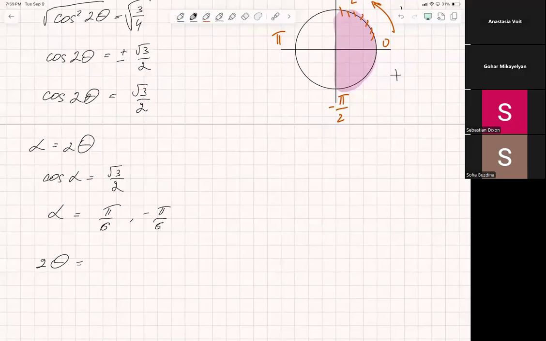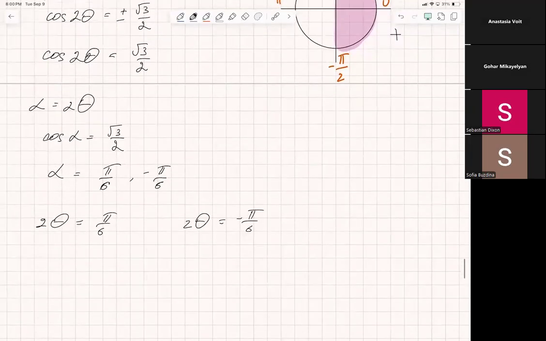So we would have pi over 6 and 2 theta equals negative pi over 6. And we also need to probably add here plus a cycle, right? But let's see what we have. So theta in this case would be pi over 12, right? And it will also be, in this case, negative pi over 12. So that's going to be this.